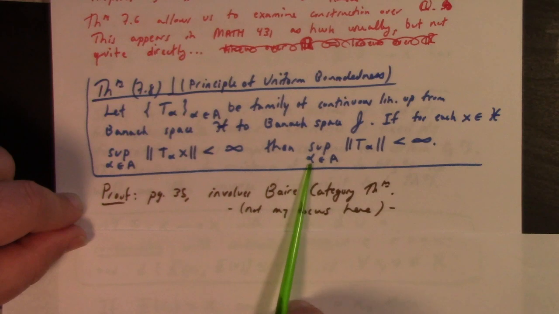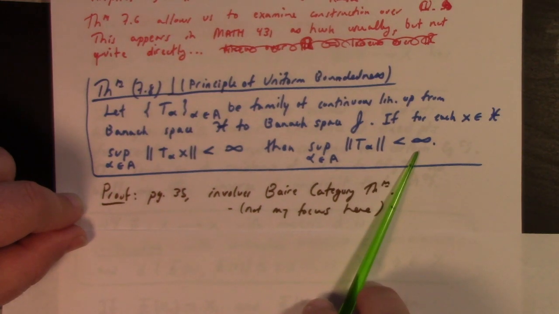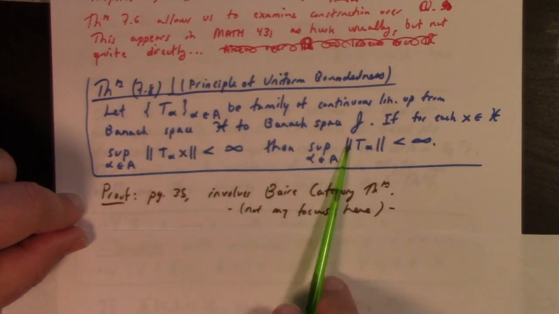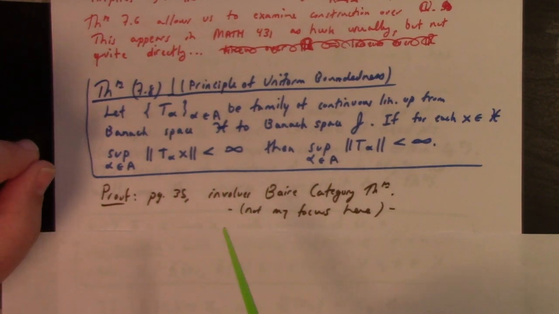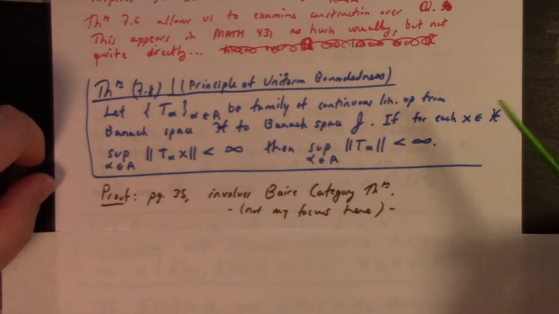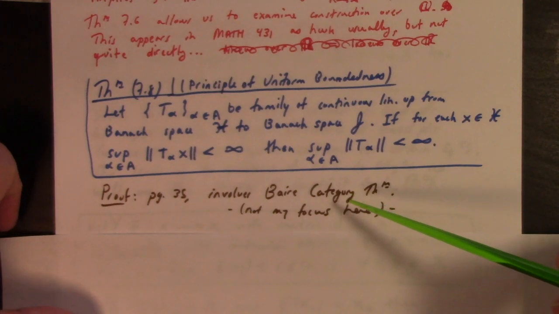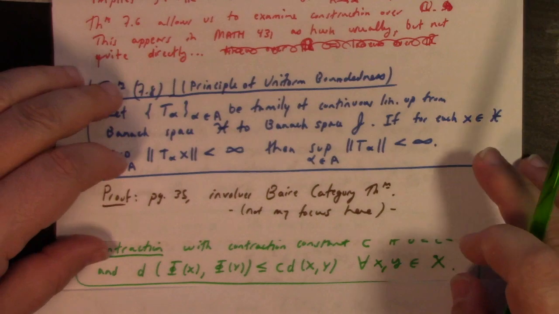Then the supremum over alpha of the norms of all the operators is less than infinity. There is a difference in what's being said. So I would challenge you to understand that difference. If you understand that difference, that's the first step towards understanding what this theorem is saying. But anyway, this is, of course, a deep theorem. It involves the Baire category theorem. And, of course, my focus is not here, so I'm going to go on.